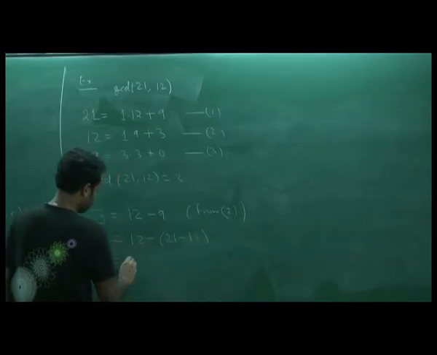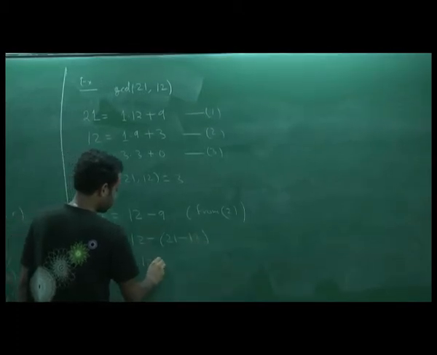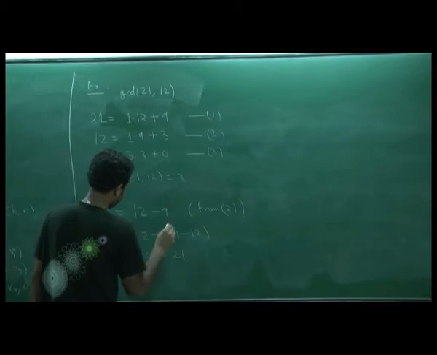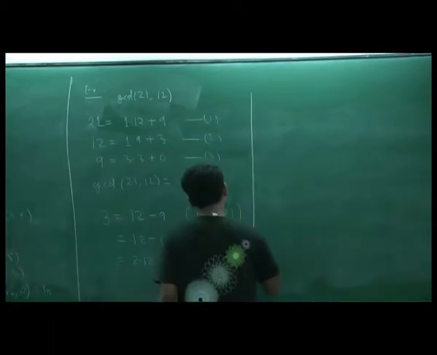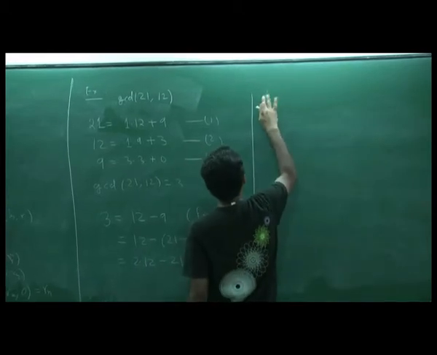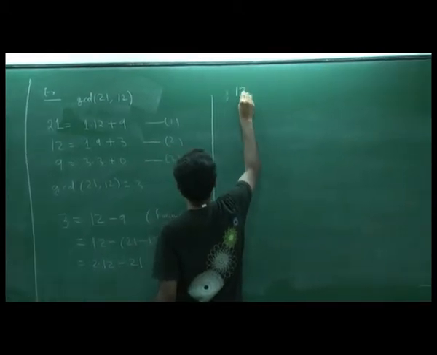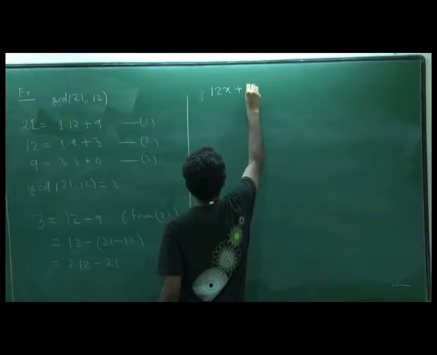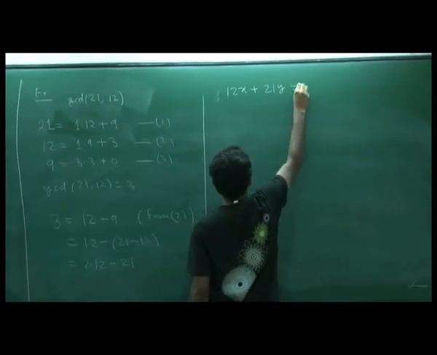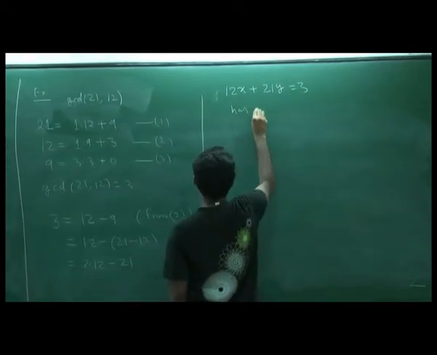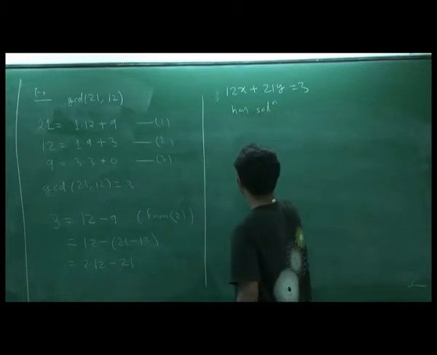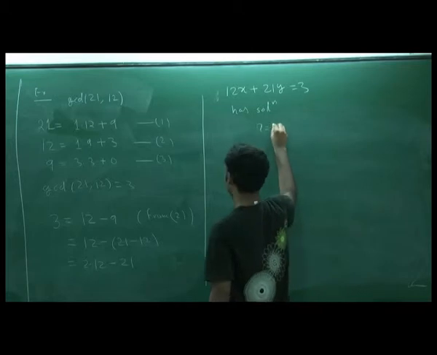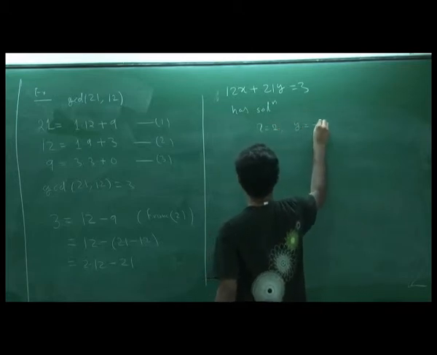So what do you get? 2 times 12 minus 21. So 12 times x plus 21 times y equals 3 has a solution. What is the solution? x equals 2 and y equals minus 1.